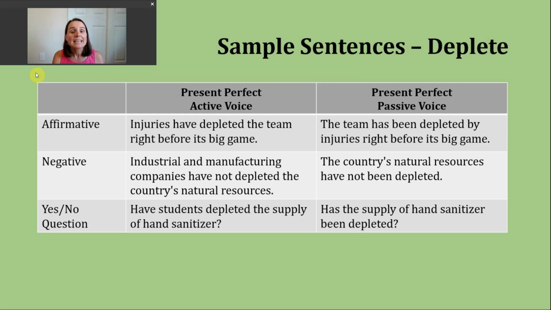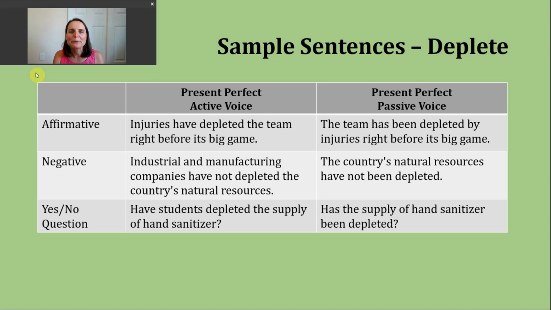Okay. Now, let's take a look at active voice present perfect sentences that are negative. So remember, our affirmative or positive structure was have or has, and then the participle. Now we need to insert not between have or has and the participle form of the verb.